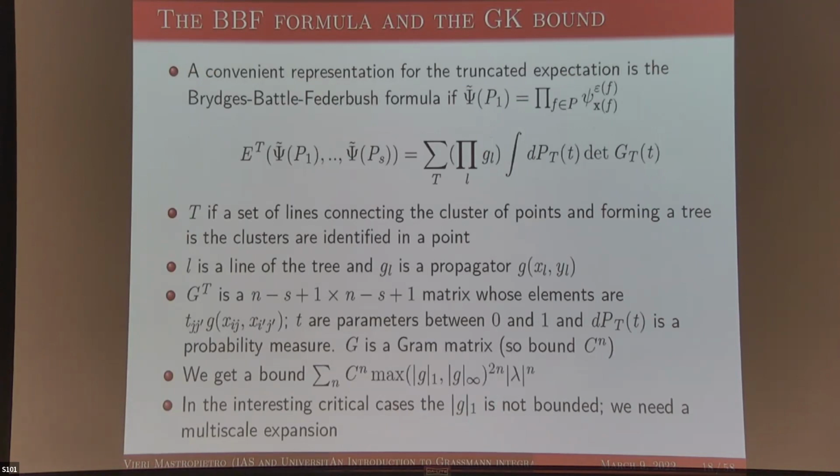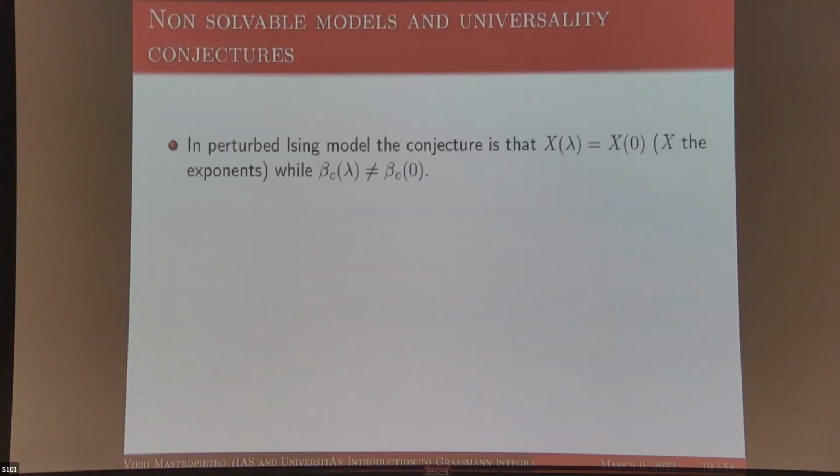Before saying more, let me say which are the conjectures. These conjectures are mainly due to Kadanoff. In the Ising model with the perturbation, the exponents do not depend on the perturbation. The critical temperature changes, but not the exponents. This is for the perturbed Ising.